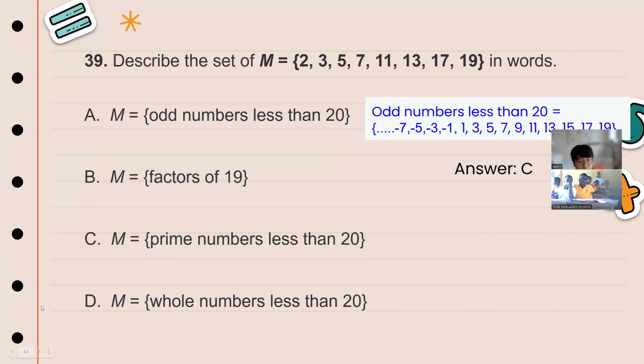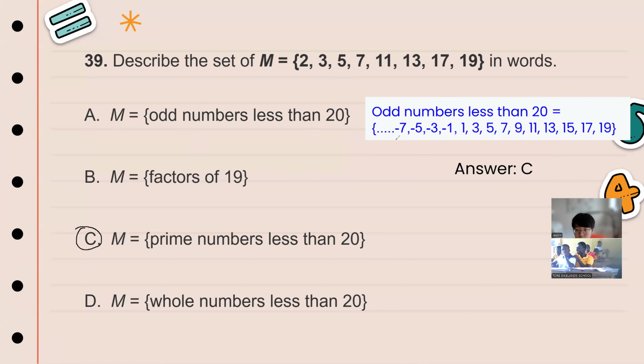The correct answer is C here, because if you look at A, the odd numbers less than 20, well, you can stretch to negatives as well. So things like -7, -5, all the way to 1, 3, 5, 7, 9, 11, 13, 15, 17, and 19.